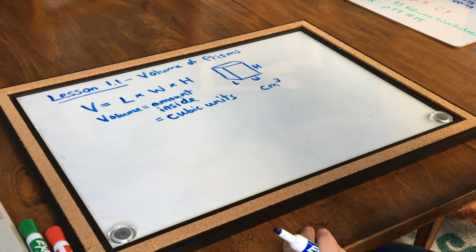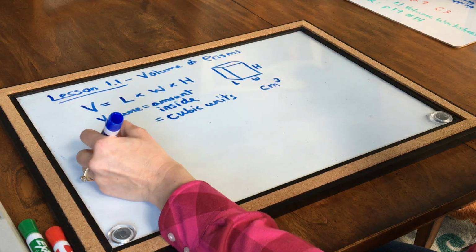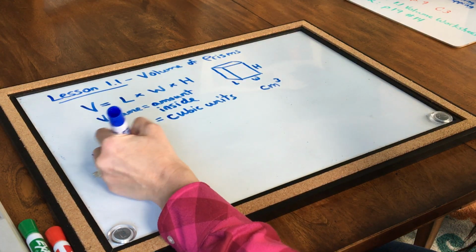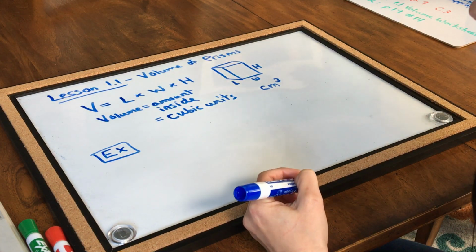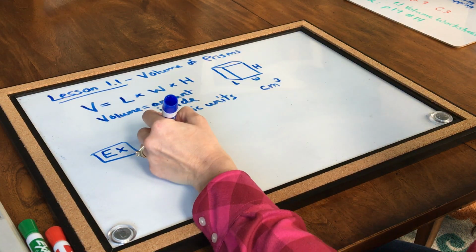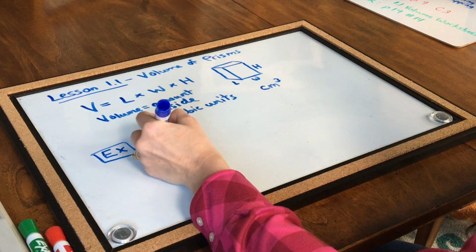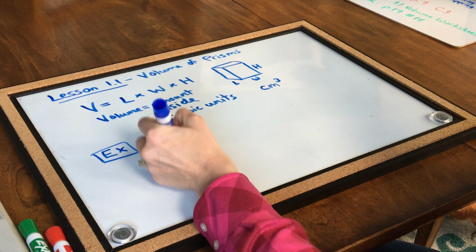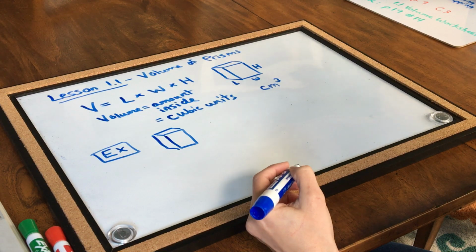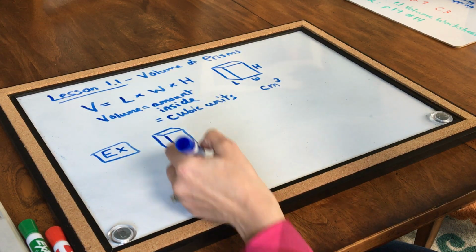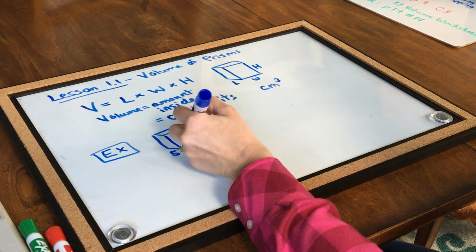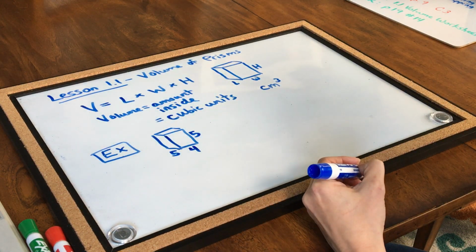I'm going to be doing an example on page 9, letter C, number 1. The example is a prism that has dimensions of 4, 5, and 5. As I draw out my little prism, it has a width of 4, a length of 5, and a height of 5.